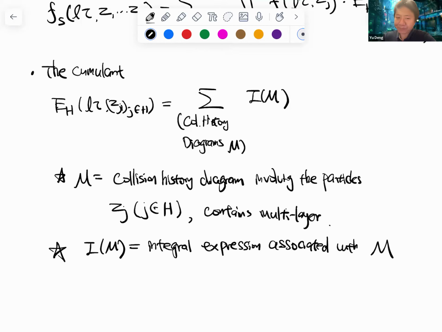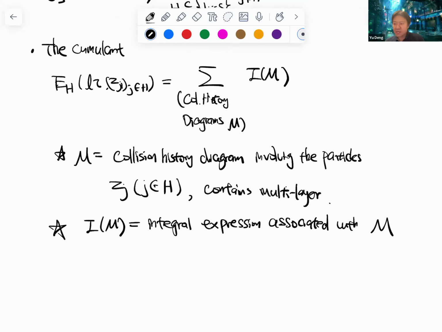associated with M. And what it represents, remember that this E_H is a cumulant, which is a part of the joint density. So you can think of E_H as a quantity that has the same qualitative feature as the joint density.